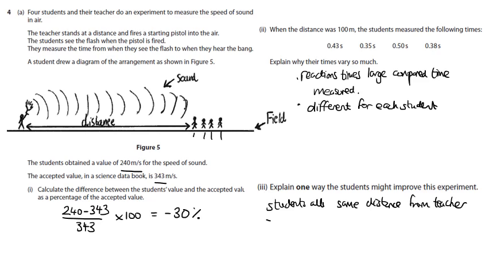And because we're asked to explain here, we need to explain why that affects the result, why that would improve it. If they're all the same distance, that removes one source of error from the time measurement, at least.